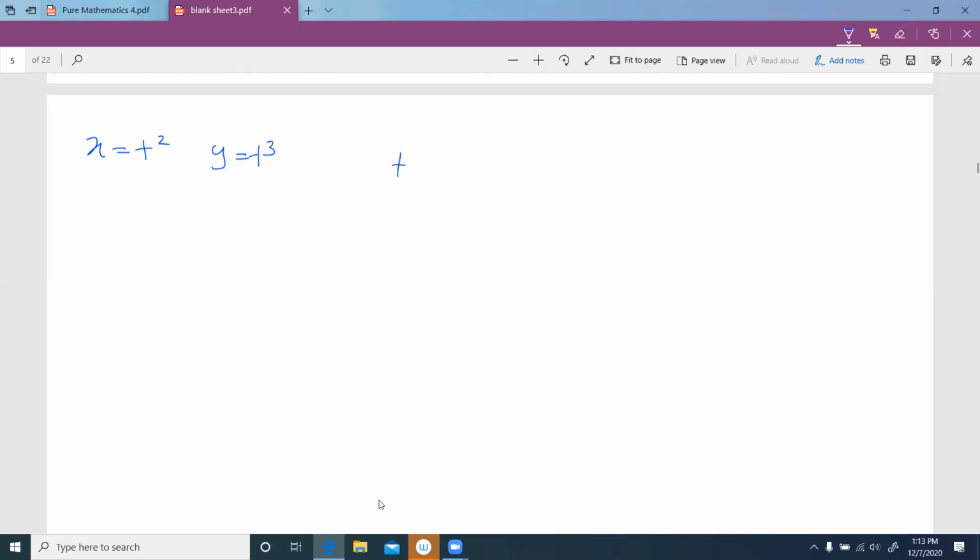They have given that t varies from 1 to 3. They ask you to find the volume enclosed by the above curve.